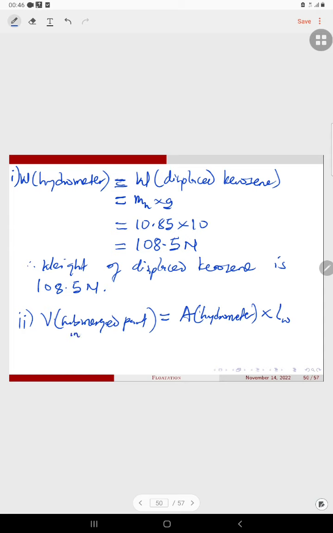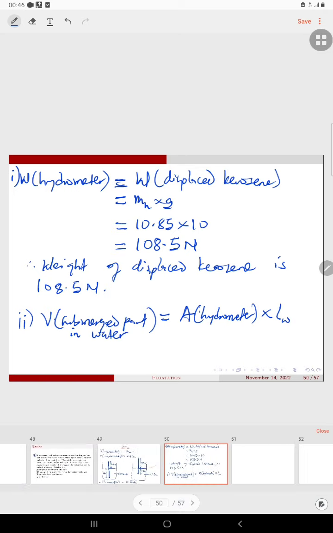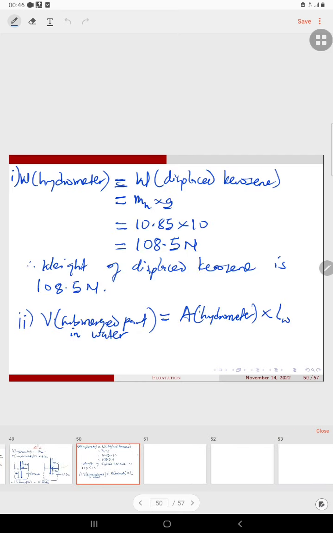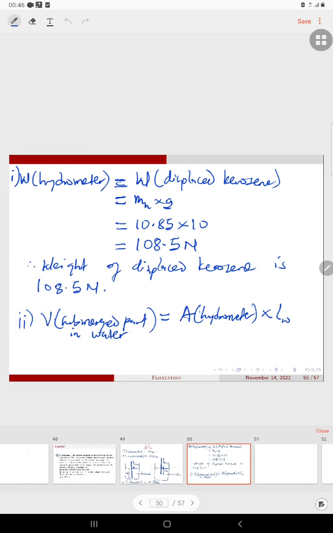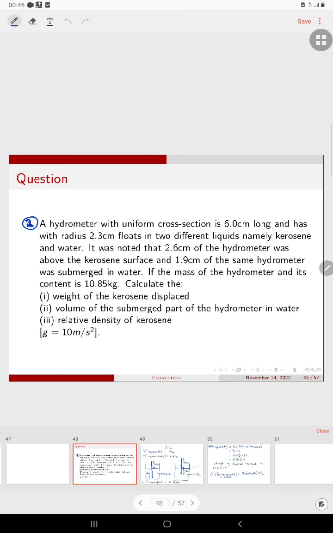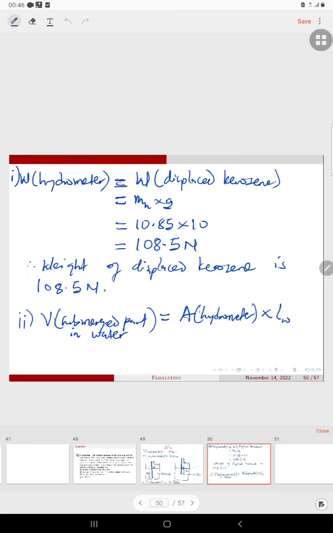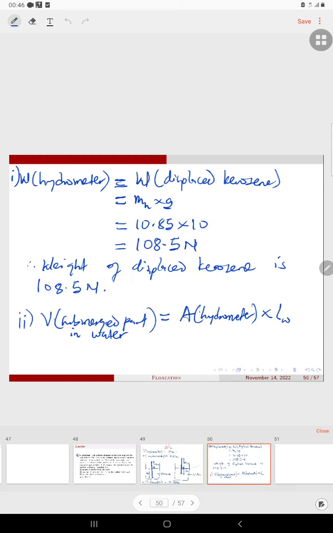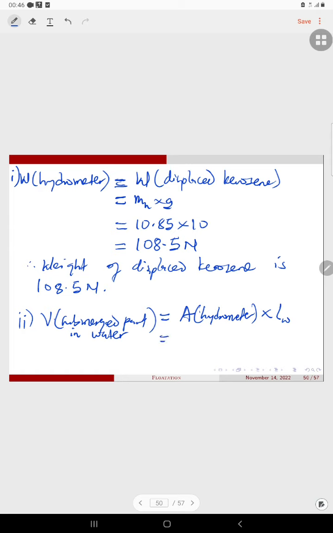That is what we are looking for according to the question. The area wasn't given directly, but we were given the radius. And looking at the nature of the hydrometer, it's cylindrical, right? So the area, because we were given the radius, is pi r squared times L_w, right?